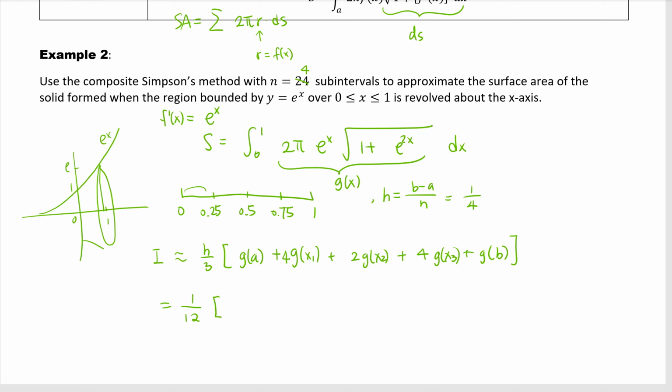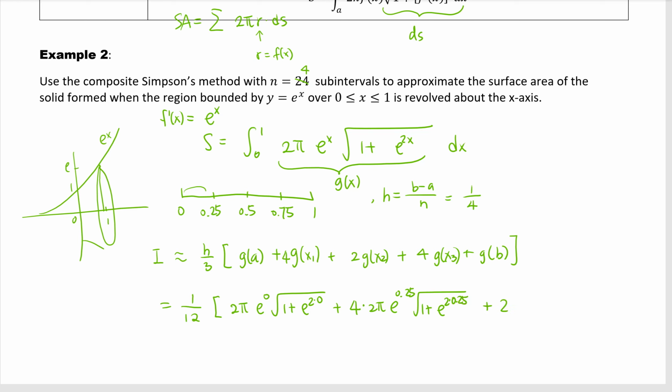G of 0 is 2 pi e to the 0 square root of 1 plus e to the 2 times 0. This is g of a, right? And then 4 copies of 2 pi e to the 0.25 square root of 1 plus e to the 2 times 0.25.